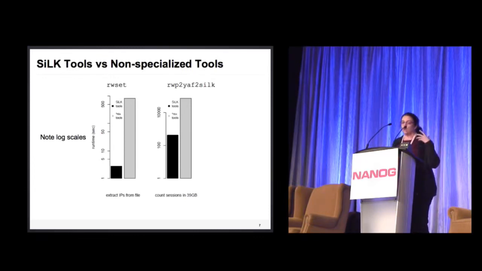One of them is called RWP to YAF to Silk, which takes the PCAP files, turns them into Silk files, and then I can use the Silk commands to actually run it. It did it in 3 minutes. So I was hours and hours, even with using all the TCP dump commands that say, don't look things up, just give me the raw stuff, versus 3 minutes. I went, okay, I'm sold, you guys are great.